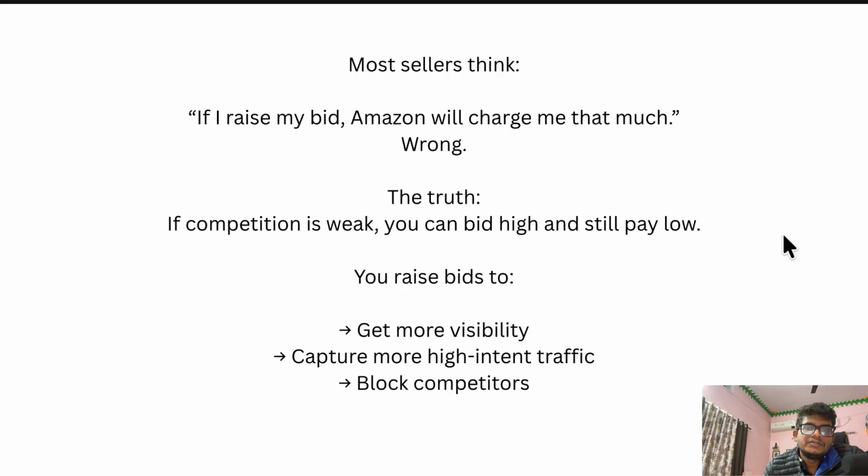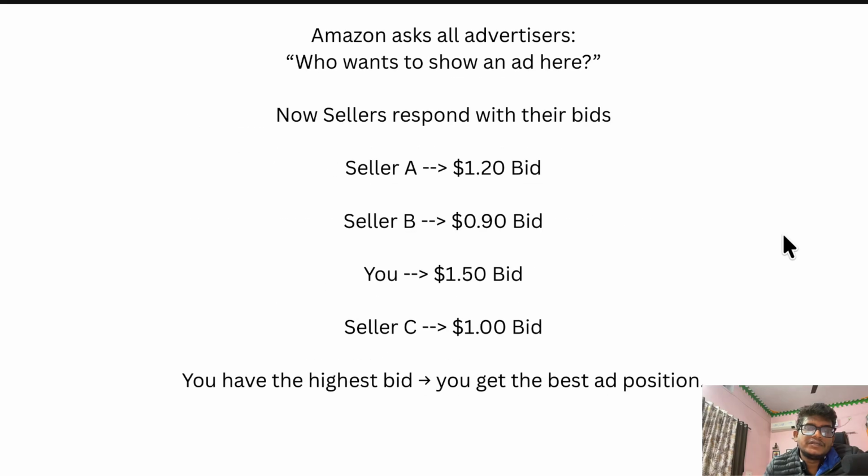Most sellers think if I raise my bid, Amazon will charge me that much, but it's wrong. The truth is, if the competition is weak, you can bid high and still pay low. If we go back to that example, say seller A, seller B and seller C are all bidding at just 30 cents, and even if you have bid 1.5, you will win the auction at 31 cents, because your competitors are very weak here.